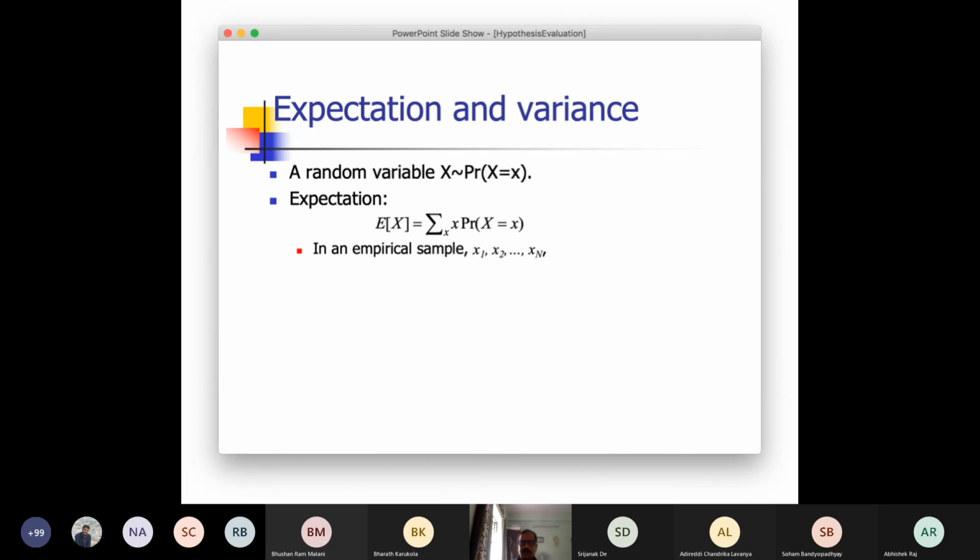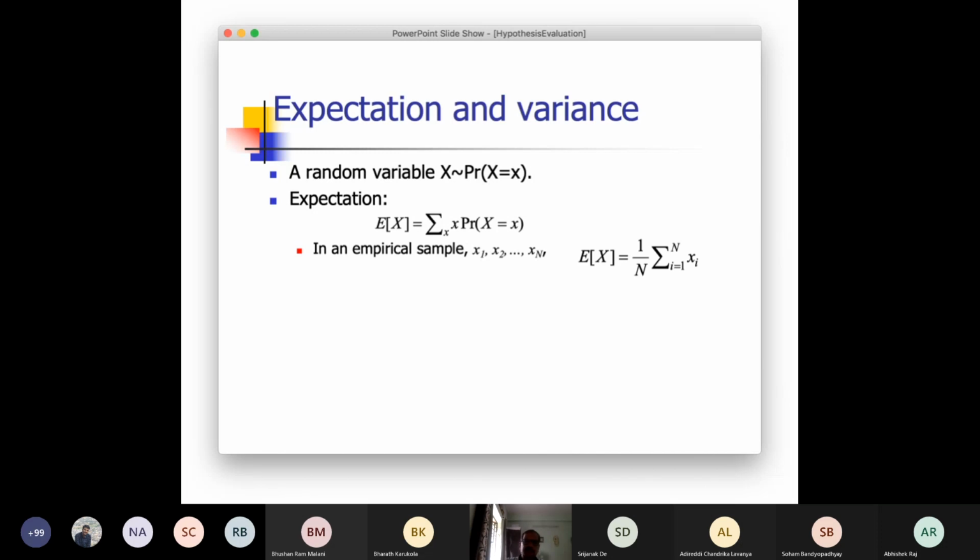So you get the expectation of x, defined in this way: it is basically the weighted average of the values of the random variable, when the weights are proportional to the probability of that particular value.